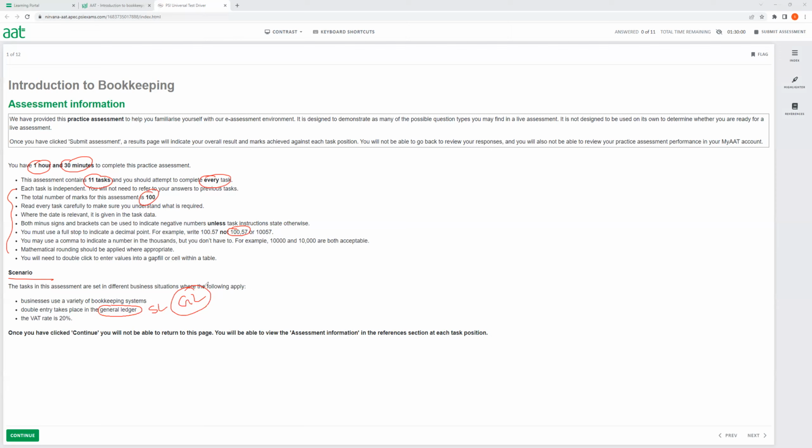So it can be a general ledger and it can be a book of prime entry. So we need to look carefully. If the question said we already have a bank, if you take the bank as a part of the general ledger, then the petty cash or the cash book is not part of the double entry system.